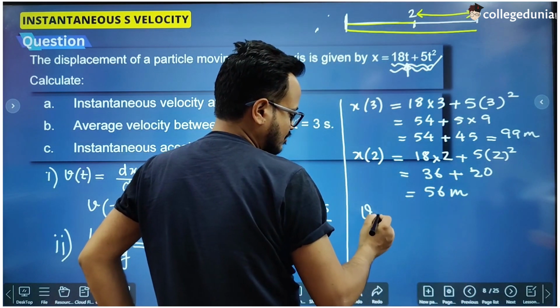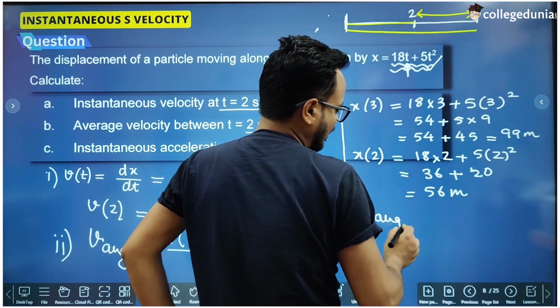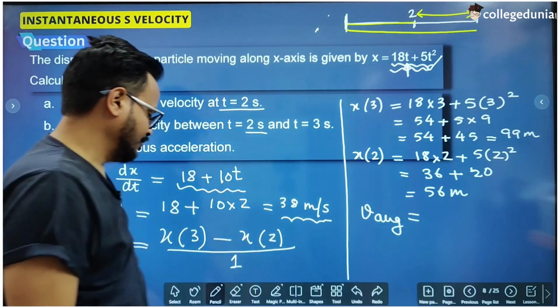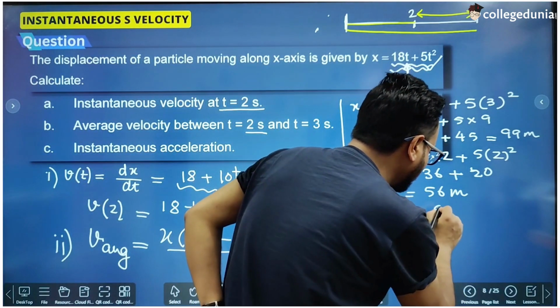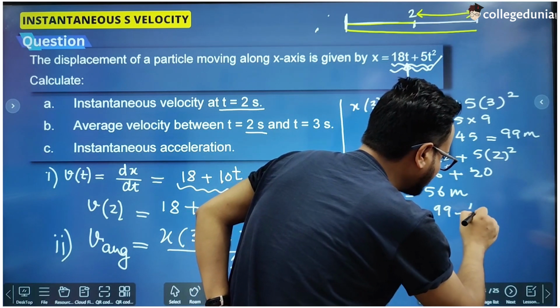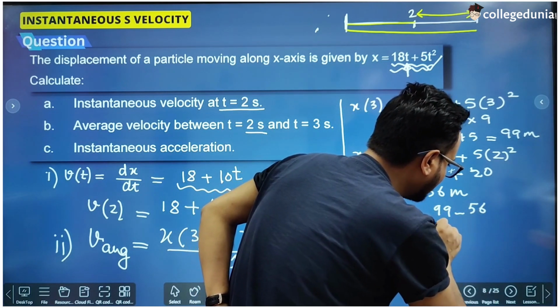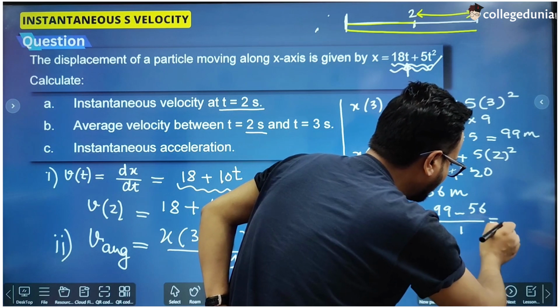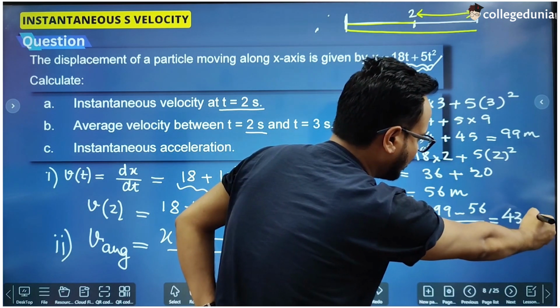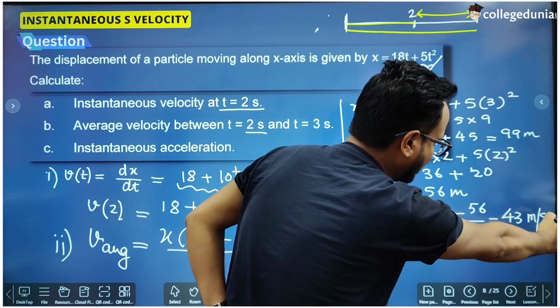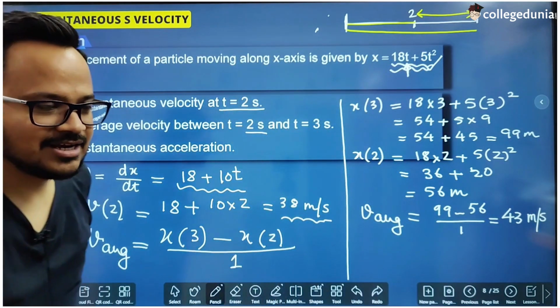So V average is this: x3 minus x2. So x3 is 99 minus x2 is 56, divided by 1, which is 43. So it is 43 meter per second.